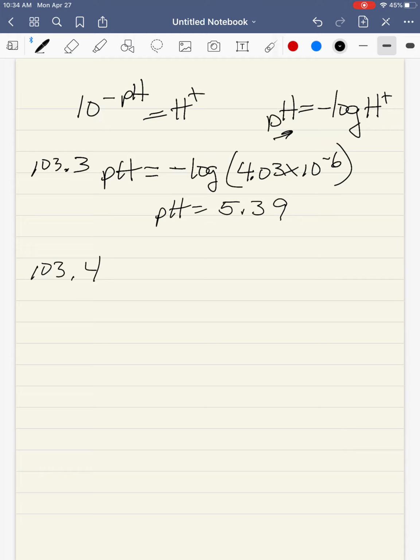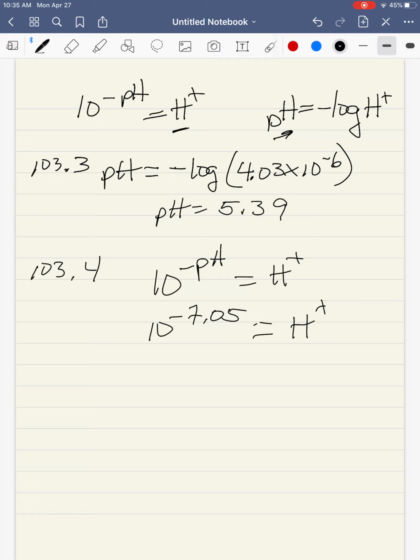So we're looking for concentration of hydrogen ions, so I'm going to use the other formula. If the pH of the liquid is 7.05, so 10 to the minus 7.05. And in the calculator, remember that's the inverse of log.